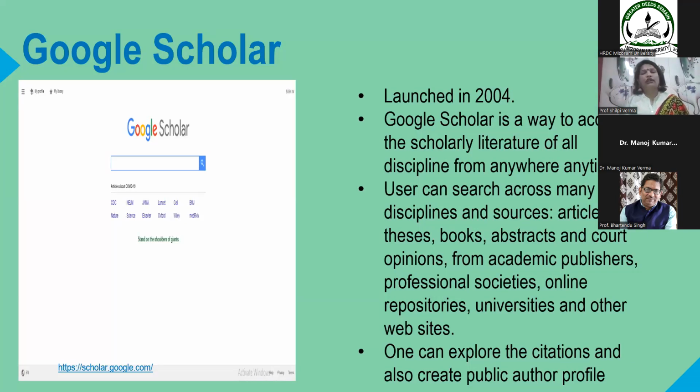Google Scholar is also a very important tool for the academic community. It was launched in the year 2004, and you must have seen Google Scholar profiles now. It is a way to access scholarly literature.